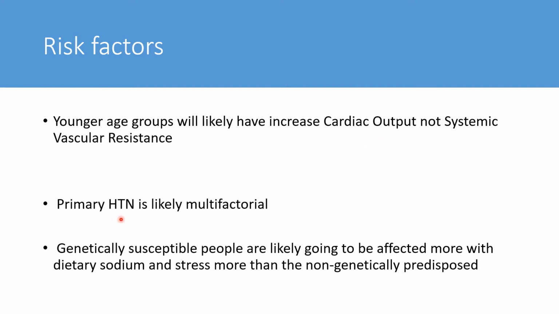Then, primary hypertension is likely multifactorial. Genetically susceptible people are likely going to be affected more by dietary sodium and stress than the non-genetically predisposed. The explanation here is that if hypertension is not in your lineage, maybe you are Hispanic, Latino, or white, not black, then dietary sodium and stress may not be the risk factor that will tilt you to it.